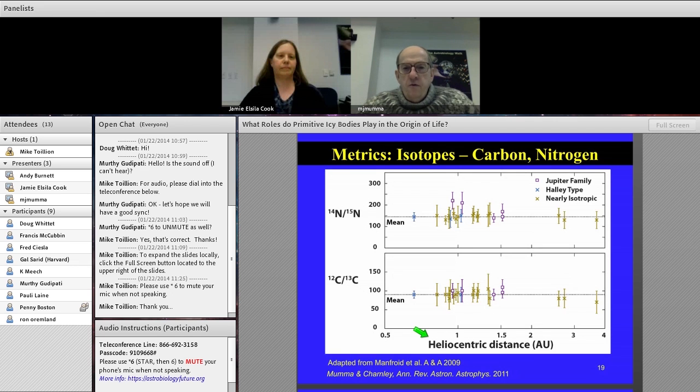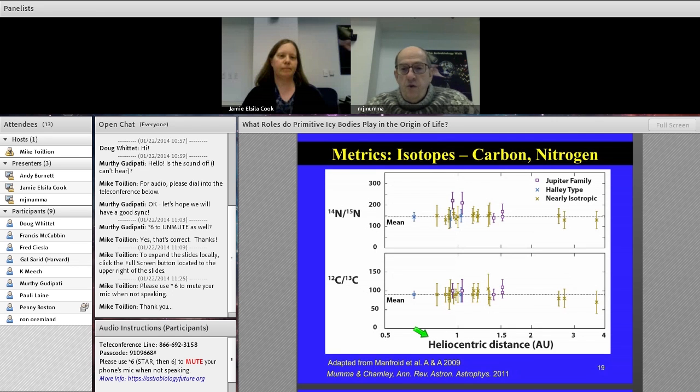Is that true for nitrogen? No, it's not. In fact, the Earth itself is enriched dramatically relative to the cosmic value by a factor of 2, and the comets are enriched in that ratio 14N/15N by another factor of 2. So the 14N/15N ratio is about 140 in the mean.